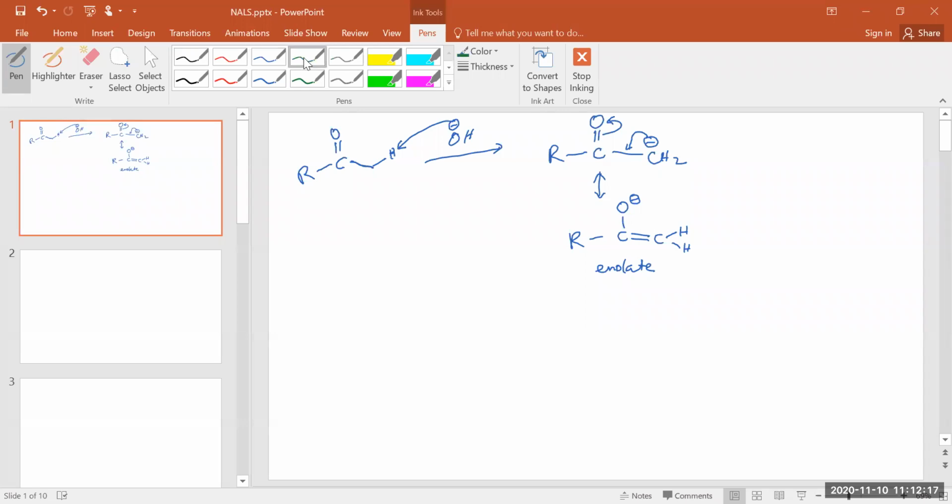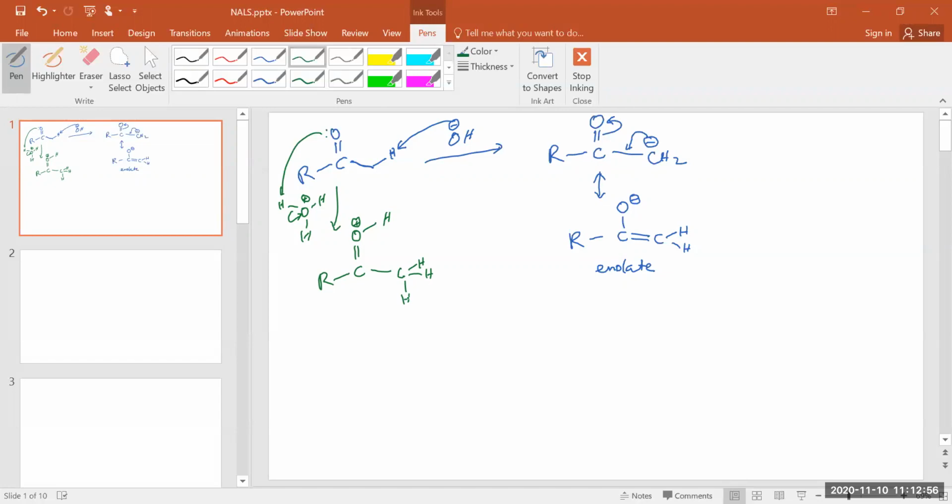A similar thing can happen under acidic condition. If you have an acid, the lone pair of oxygen can take the proton and form OH plus, an oxonium ion.